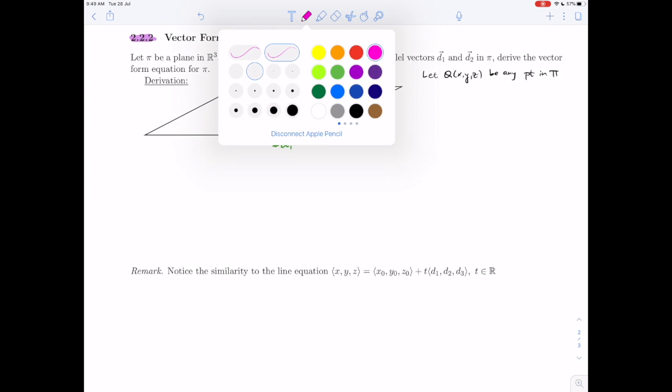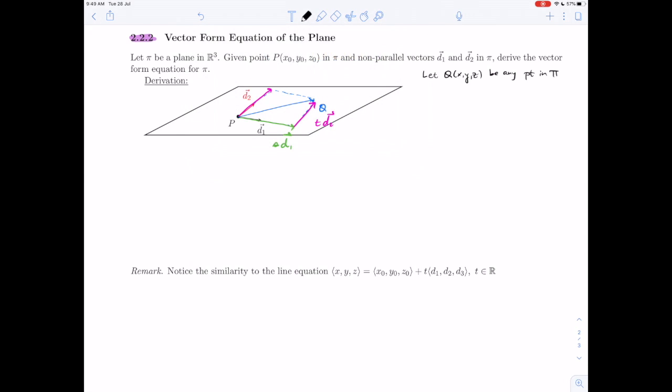And using our tip-to-tail relationship, then we can see that our vector PQ in the plane can be expressed as some multiple of d1 plus some multiple of d2, where s and t are the appropriate multiples given where Q ends up being placed.